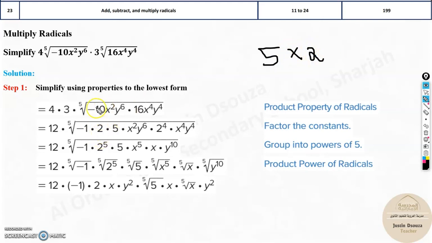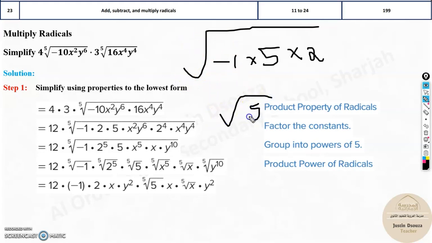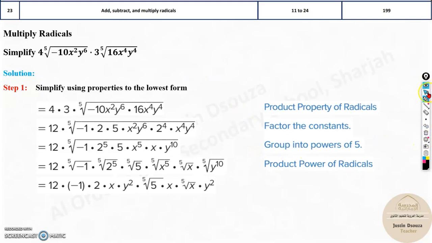That's how it's split, and this minus can be written as minus 1. Now look over here, this minus 1 can be split out. Sorry, all of them can be split out, right? What is the answer? If you put it in the calculator, you will get negative 1. So that is why we write it and we take it out.